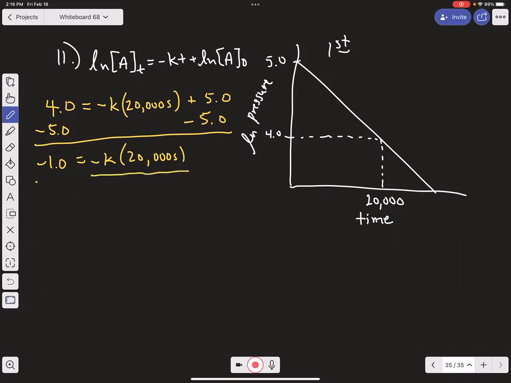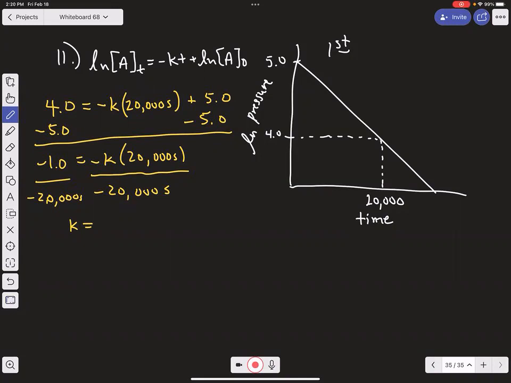So just like the previous question, we can divide by a negative 20,000 seconds. In question 9 and 10, they said, given this data and it's a first order reaction, they told you in the question.